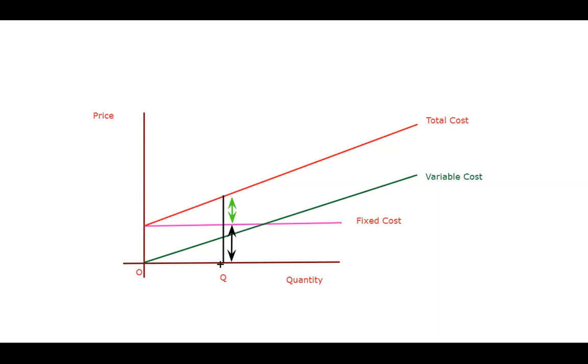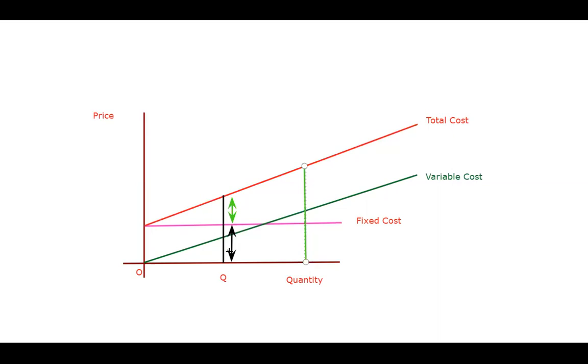Look, when your quantity increases, fixed cost remains the same, but your variable cost slowly increases. Fixed cost is always in here. Variable cost will be increasing at point Q. Now if I draw another line here, look, till the pink line is fixed cost.